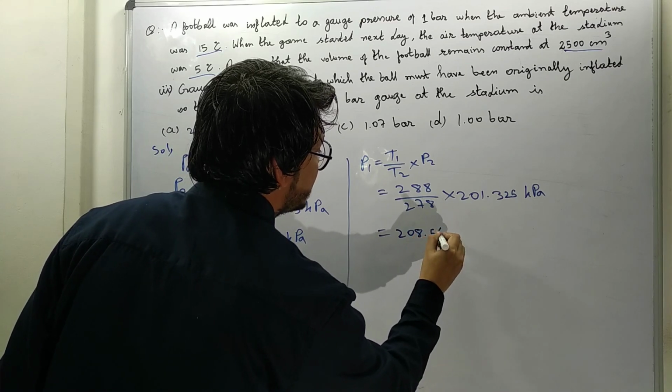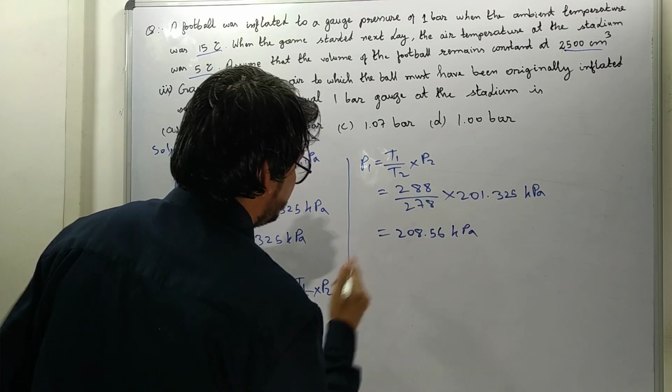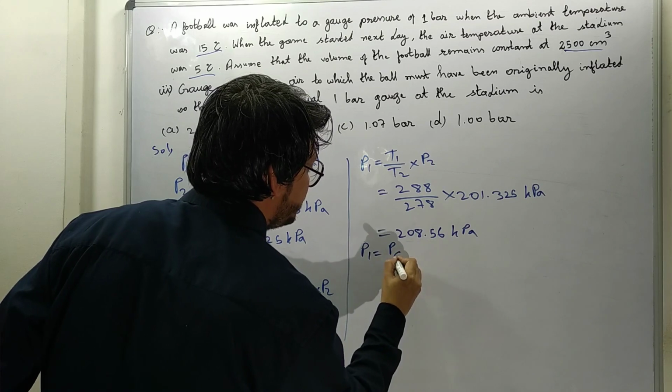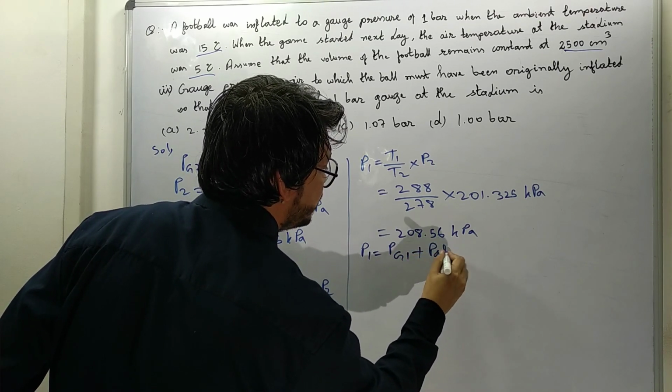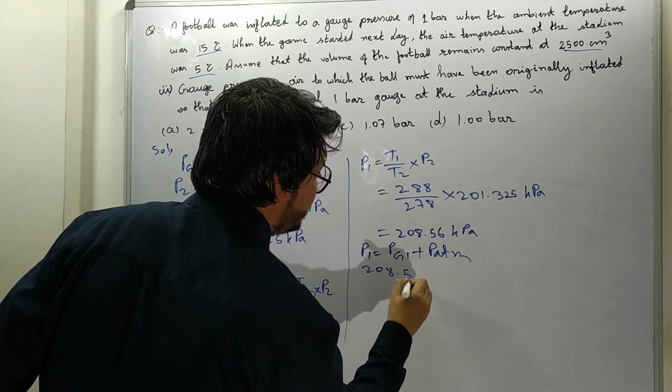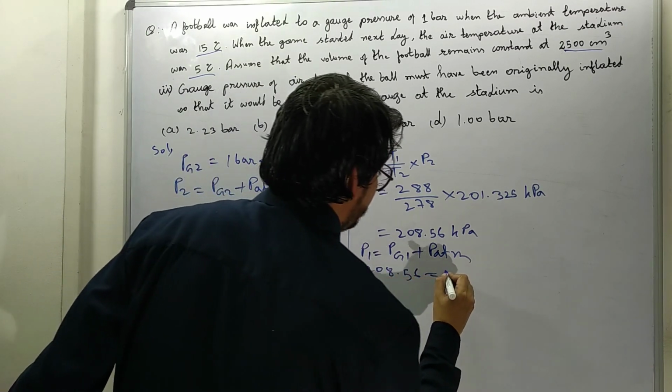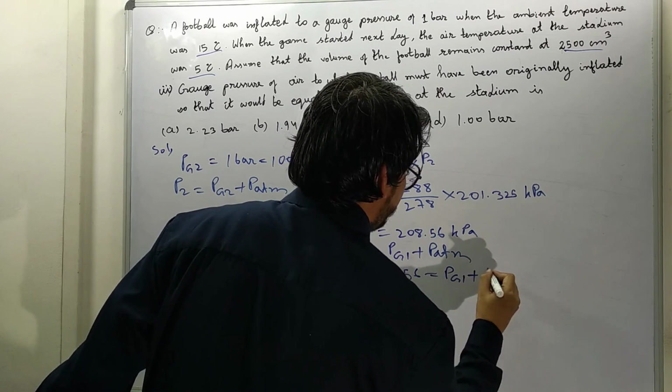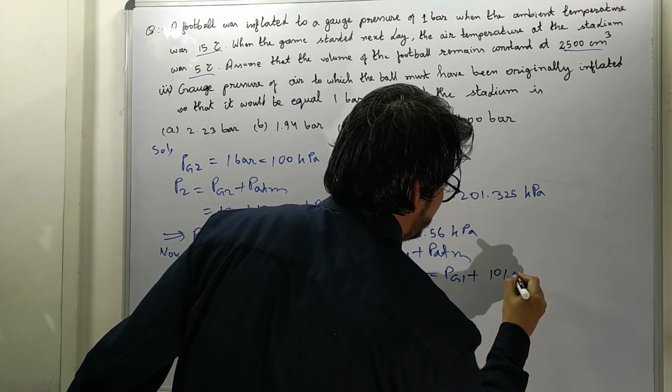Now P1 is equal to P gauge 1 plus P ATM. P1 we have 208.56 is equal to P gauge 1 plus P ATM we have 101.325.